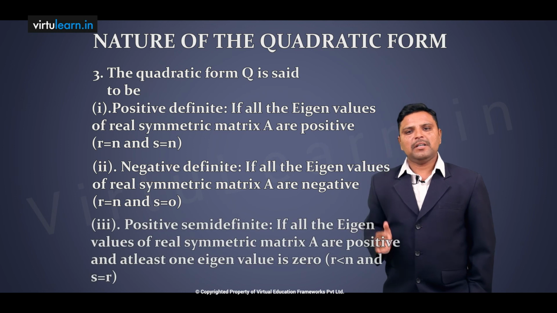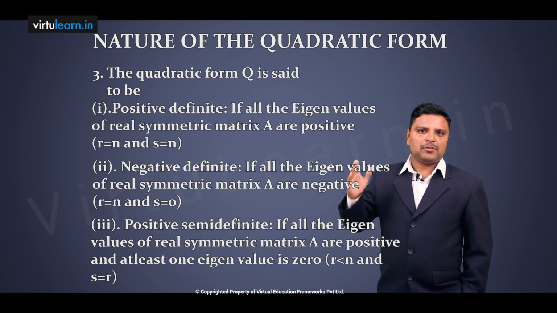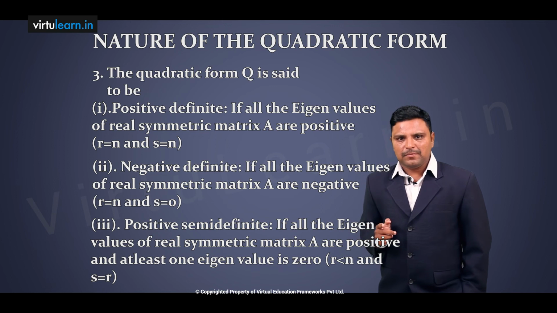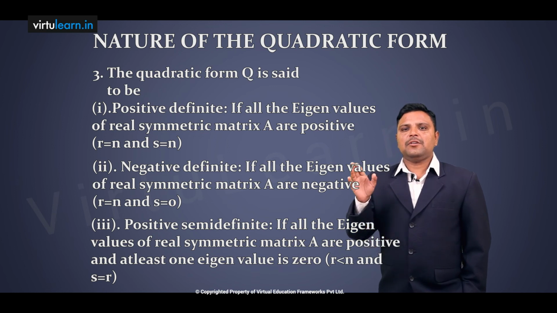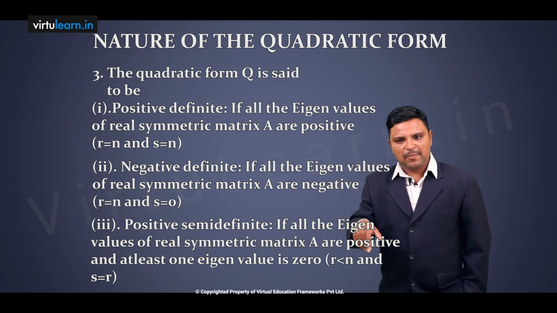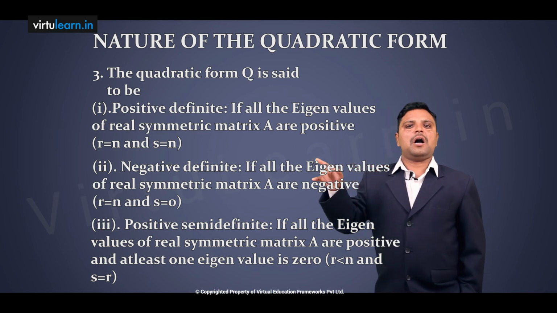Now third one, positive semi-definite, if all the eigenvalues of A are positive and at least one eigenvalue is 0. The formula for this one is r less than n and s equal to r.